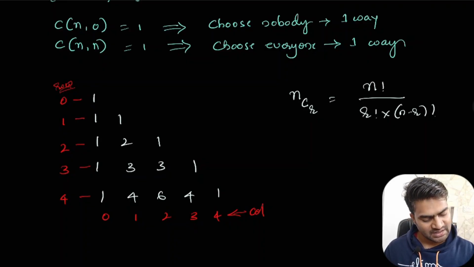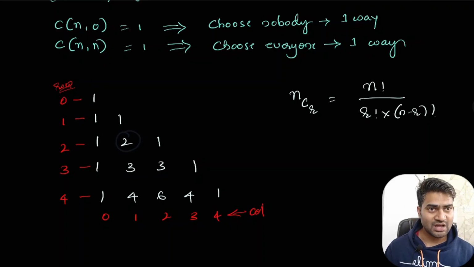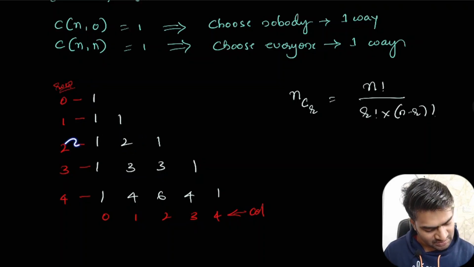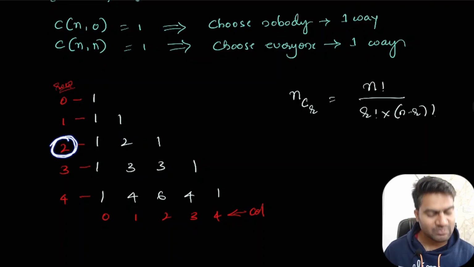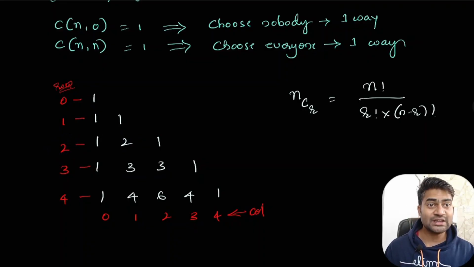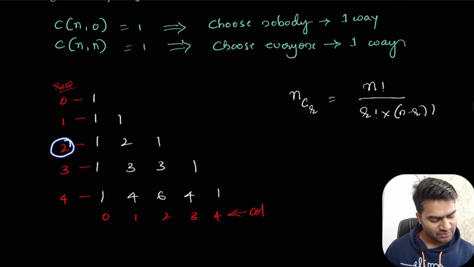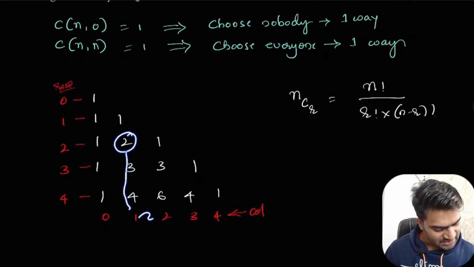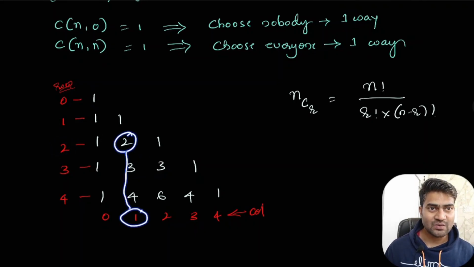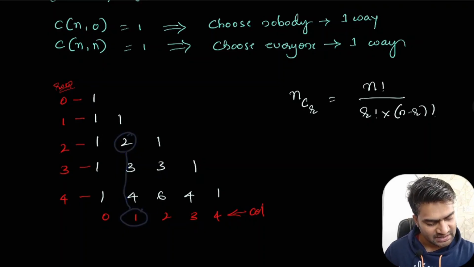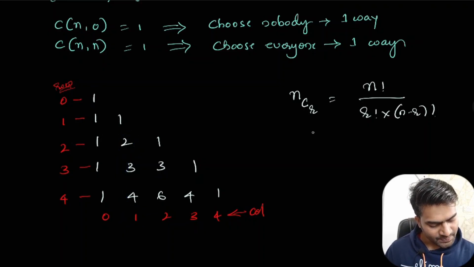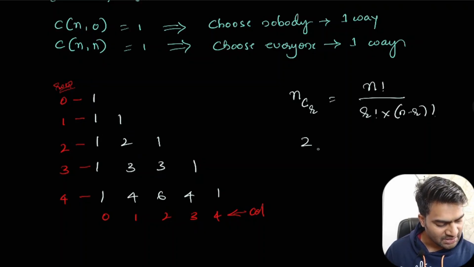Now, let us consider this number. How do we calculate it? The row number is 2, correct? Actually it is 3, but we are considering zero-based rows. And its column number is 1.